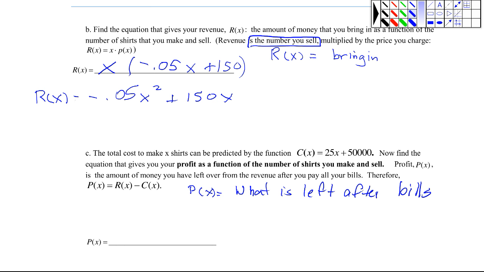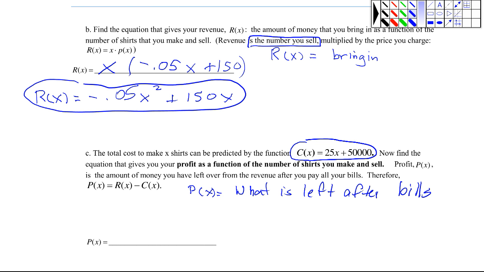But really, revenue isn't nearly as important as profit. What you really want to know is how much money you will get to take home after you pay your bills. So if you're given the cost equation, and you know or are given the revenue equation, you can find the profit equation by taking the revenue, negative 0.05x squared plus 150x, the total amount we bring in, then paying the bills.